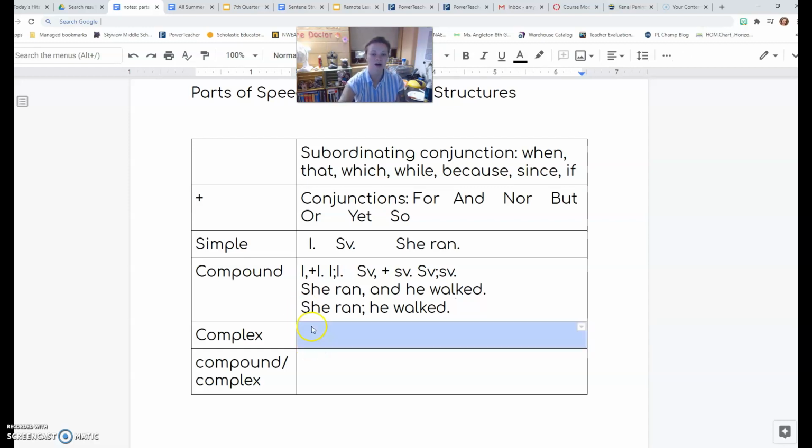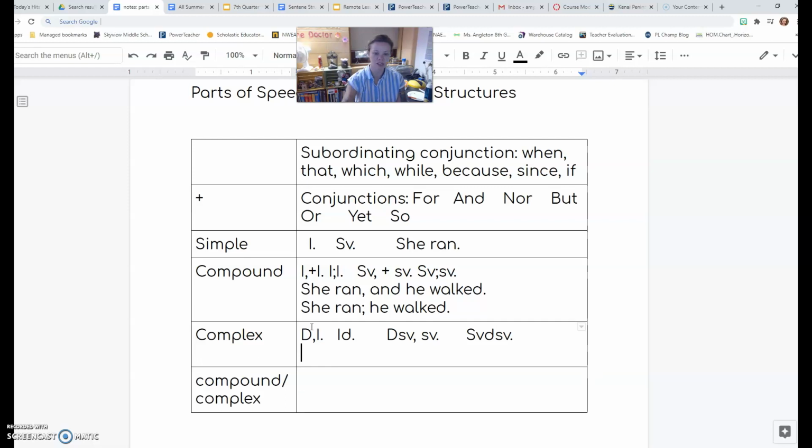Now this is where we start talking about dependent clauses, and this is why this matters. A complex sentence is a dependent clause and an independent clause together. So you can either do it like this, D, comma, I, period, or I, D, period, which would be a subordinating conjunction, D, subject, verb, comma, subject, verb, period, or subject, verb, D, subject, verb, period.